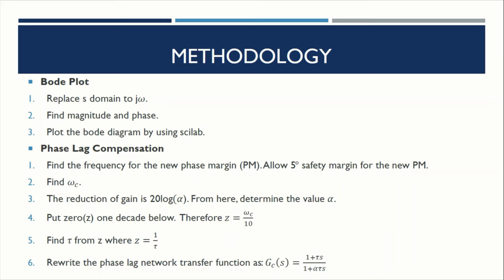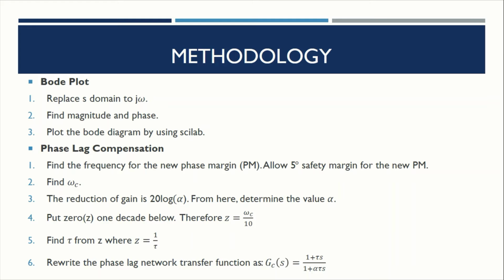The first thing to do is find the frequency for the new phase margin, also allowing 5 degrees of safety margin. After that, we can find the gain crossover frequency, known as omega c. The reduction of gain is 20 log alpha. From here, we can determine the value of alpha.